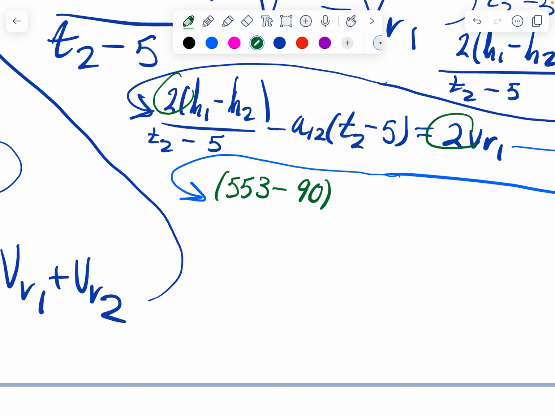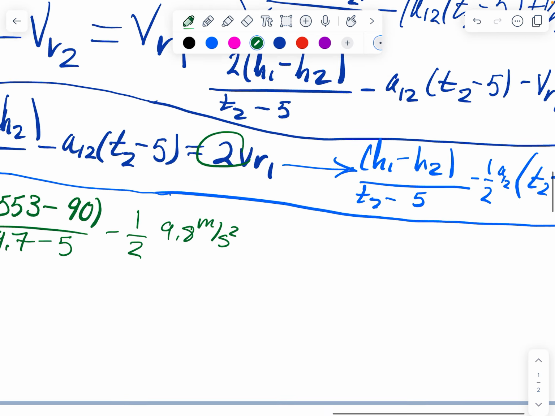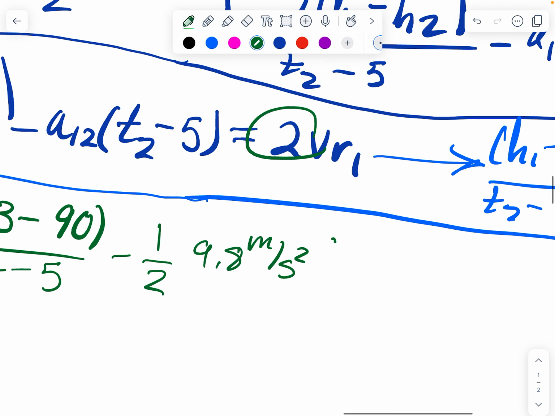So it's 553 minus 90 over 9.7 minus 5, minus 1/2 times 9.8 meters per second squared, because we got A12 right there, times 9.7 seconds minus 5, because we got T2 minus 5 seconds. Just writing out the variables right now.